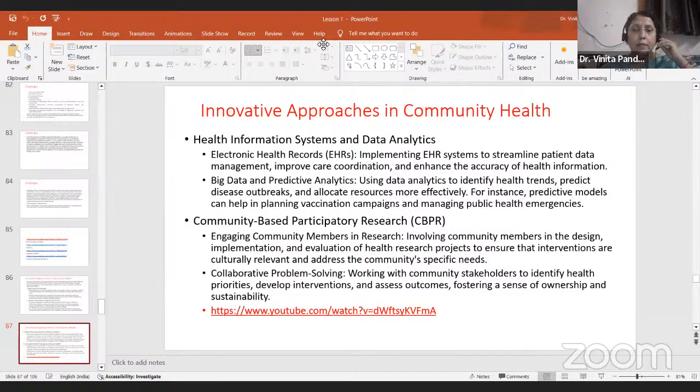Now that region is showing a serious outbreak of TB cases when compared to other regions in India. And as a medical professional and researcher, I'm doing research to find out why it is happening in this region only. Once I'm able to find the final results, then I will also be doing some intervention.